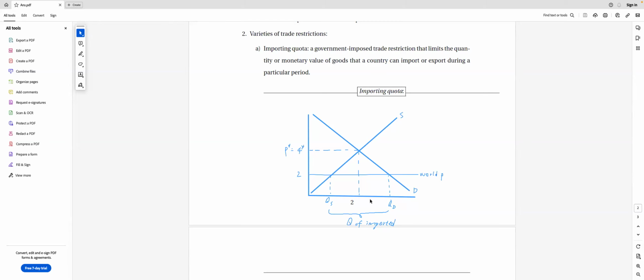So the next question is, how can we reduce the quantity we import from China? We can set something called a quota.